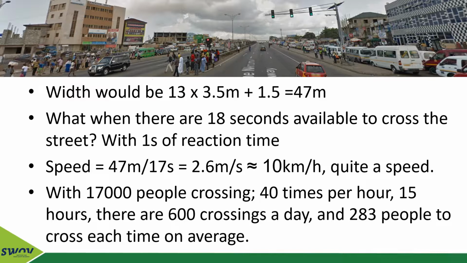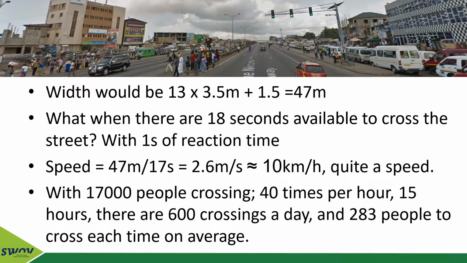And if you have an average of 17,000 people crossing the street every day, suppose there are 40 periods of green time every hour, and suppose that there are 15 hours available for all those people to cross the street. That means there are 600 crossings a day, which means there are 283 people that have to cross the street each time there's a green light on average.